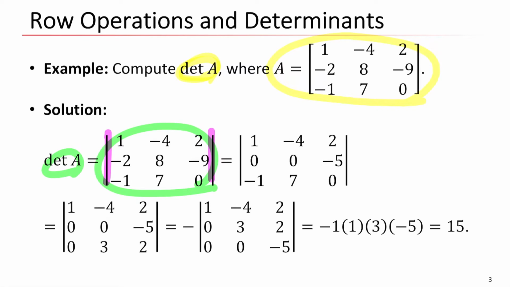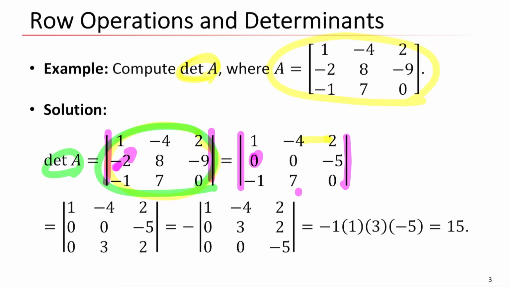So the determinant of the original matrix is the same as this one, the row reduced output matrix from here. From the original matrix we can eliminate this entry by using the replacement operation, right?